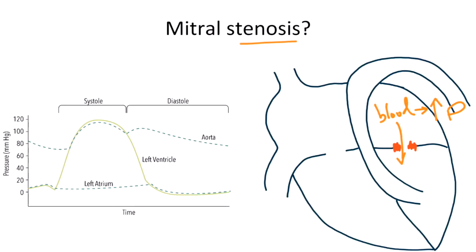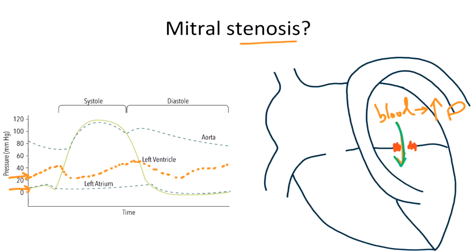Well, if the pressure is higher in the left atrium, then we'd expect the pressure tracing to look something like this. Notice on our figure that the pressure was originally here in the left atrium, and it's been shifted up higher to right there. During diastole, the stenotic mitral valve is open, so blood is moving from the left atrium to the left ventricle.